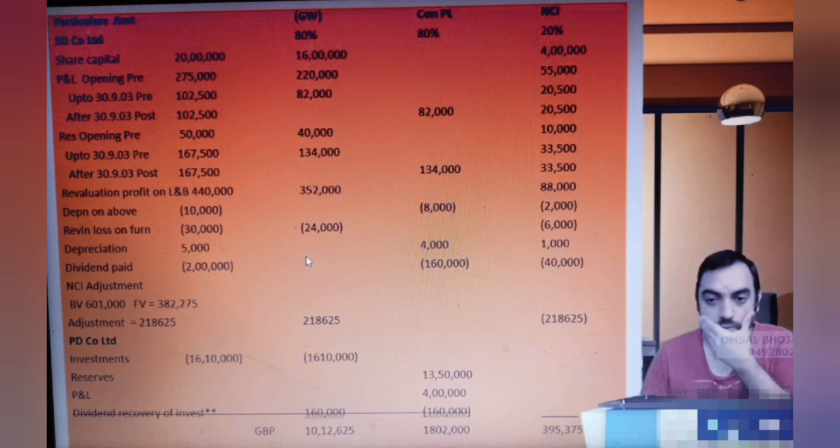Because 2 lakh shares were there. 1 lakh 60,000 is held by holding company. Balance 40,000 will be held by NCI. How much you get? Three lakh 82,375, right?